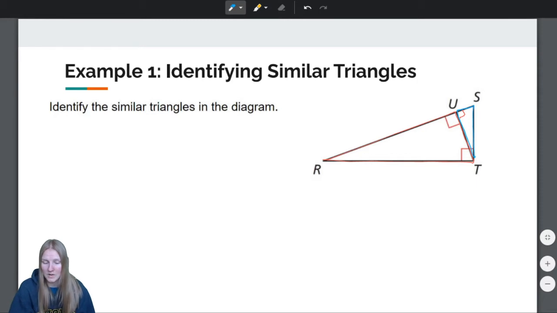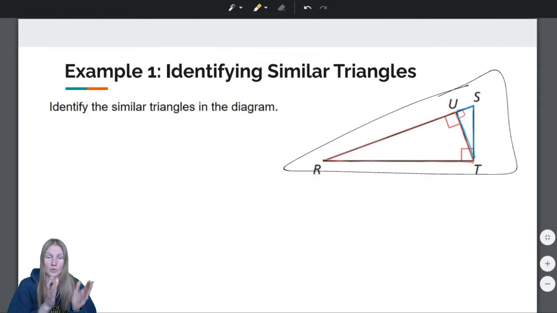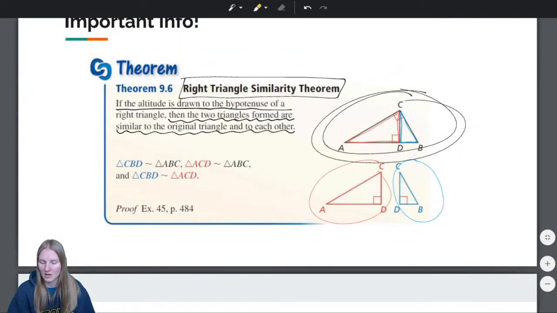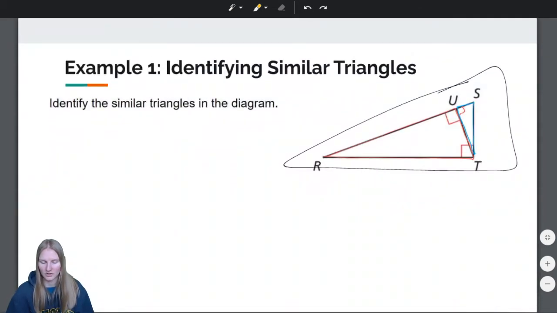And we know that the black triangle, the original triangle, the red triangle, and the blue triangle are all similar to each other. This first example wants us to take a triangle, split it apart, and identify the similar triangles.